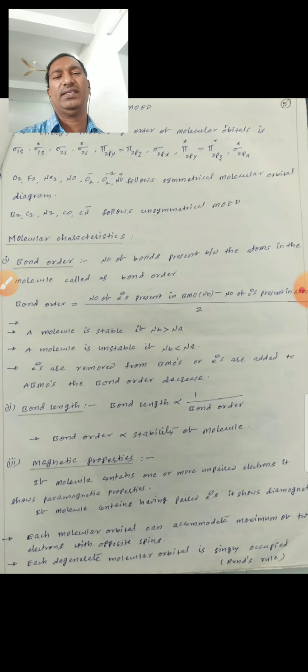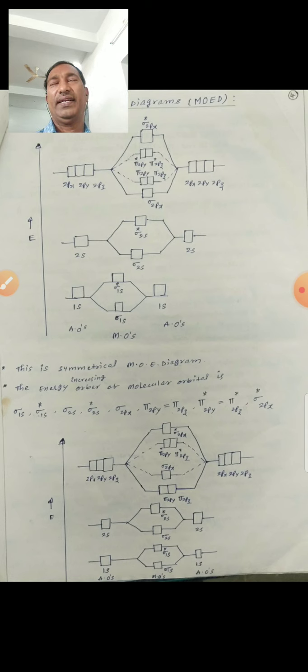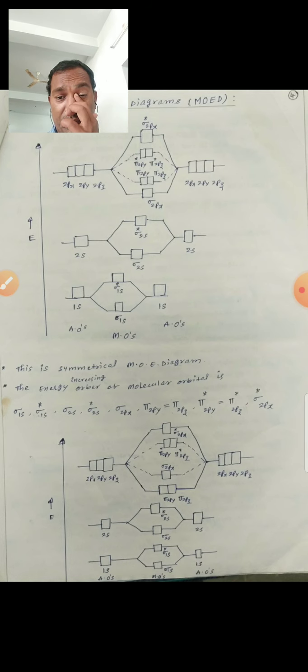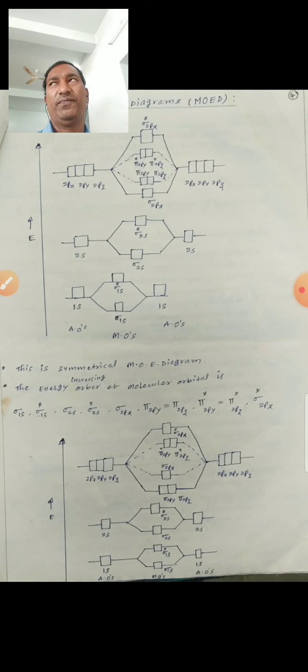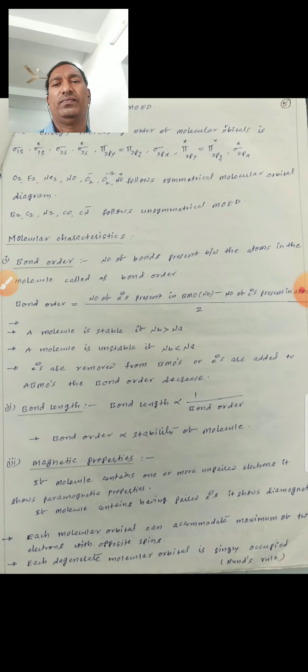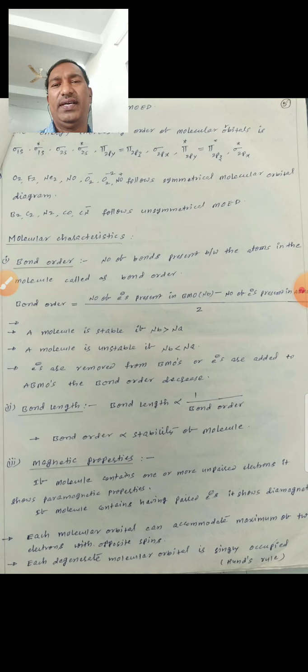The order is like this. If we cut the p orbitals here, we can't get identical parts, because sigma 2px is placed differently from pi star 2py and pi star 2pz. So this is the unsymmetrical molecular orbital energy diagram.